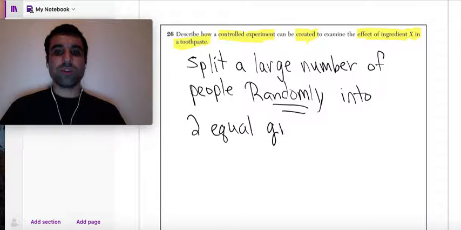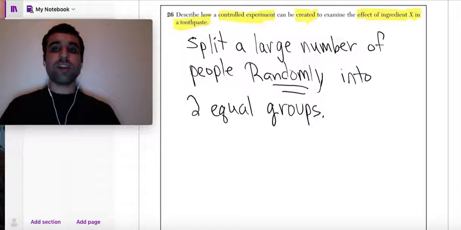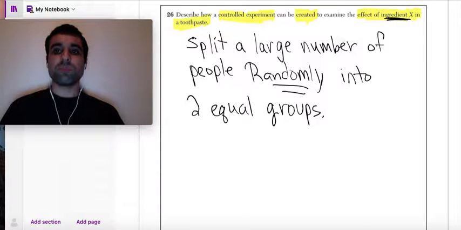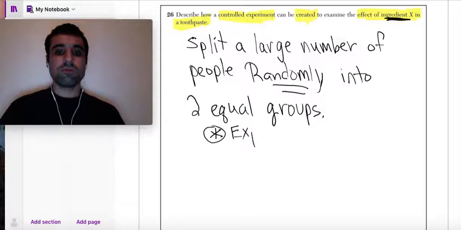I'll just say 2 equal groups. Okay? The ingredient X is known as the treatment. That's the one we're trying to determine the effect of. So we need the treatment group or the experimental group, right? That group, I'll just call that the experimental group.